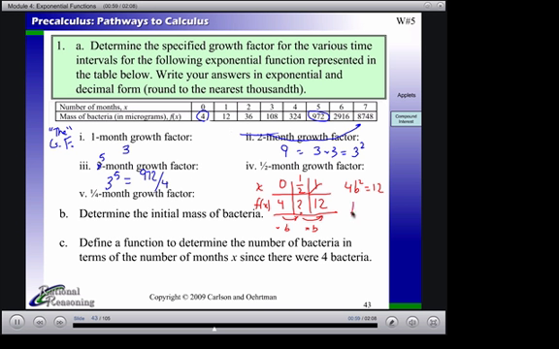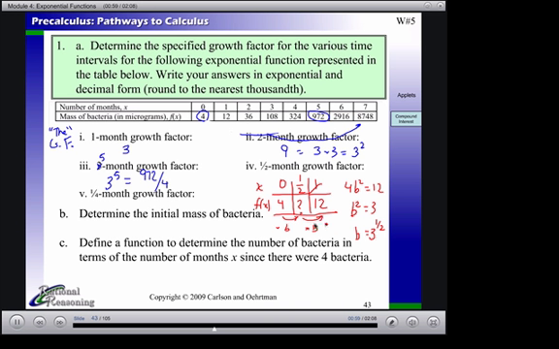Okay, so b squared is going to be equal to 3, and b is going to be 3 to the 1/2, or the square root of 3. So this is the number that you're going to multiply 4 by to get the mass a half a month later, and then again to get the mass a whole full month later.